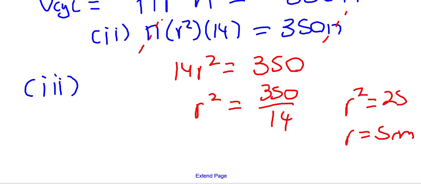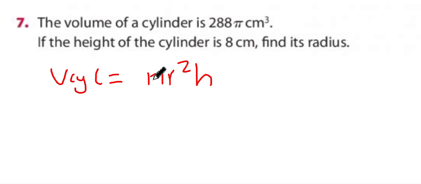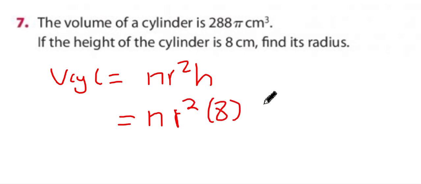Did I go over this with you before? The only thing I'll give you is the volume of the cylinder formula, okay? Right, here we go. So, you replace pi with pi. Radius you do not know. Height you know is 8. And the answer is 288 pi. The pi's are on both sides.